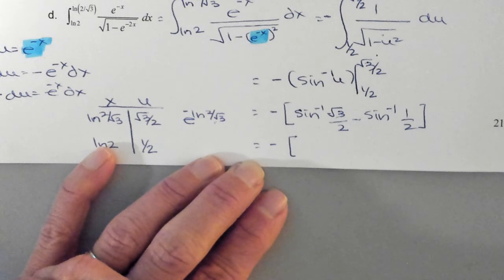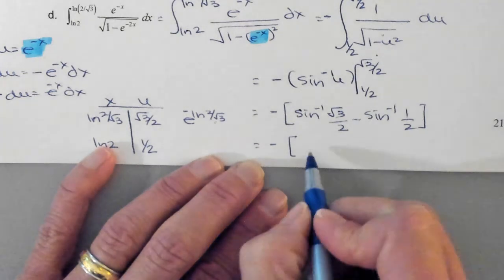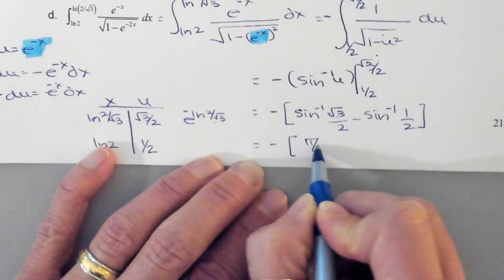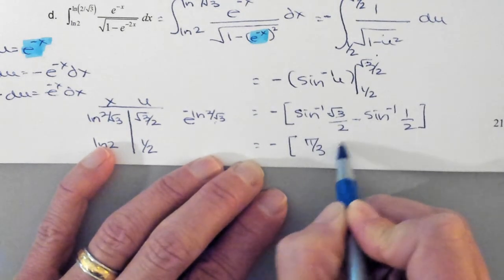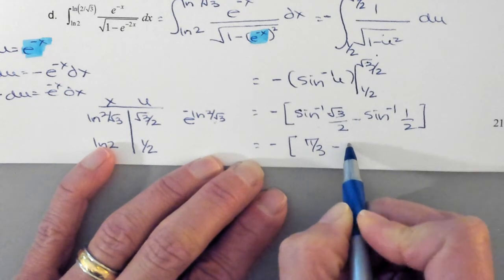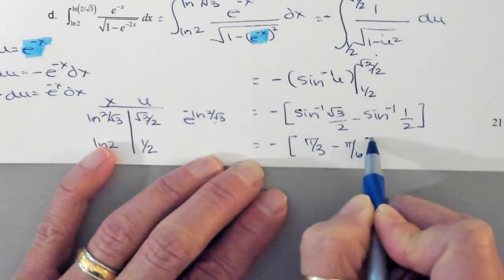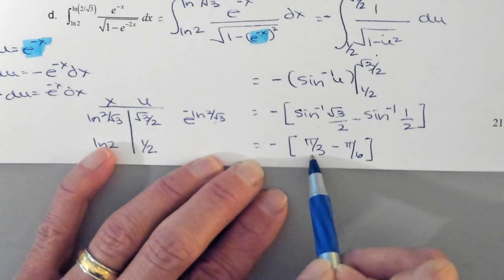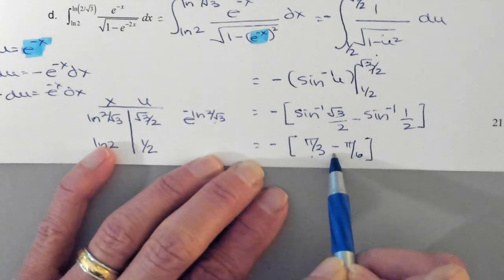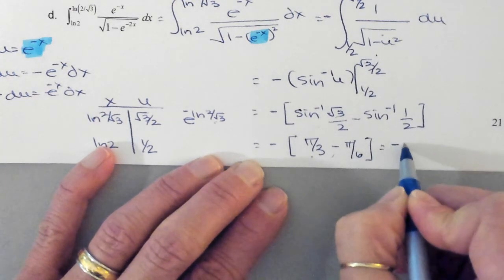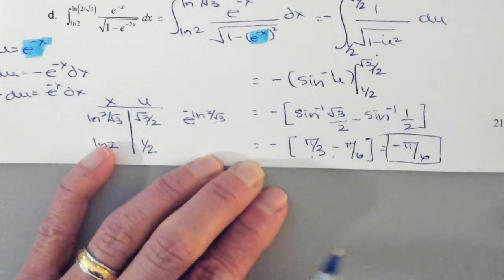What is it in degrees? 60. So what is it in radians? Pi over 3. So then what's the inverse sine of 1/2? Pi over 6. Okay, this is 2 pi over 6 minus pi over 6 is pi over 6. The opposite of that is negative pi over 6.